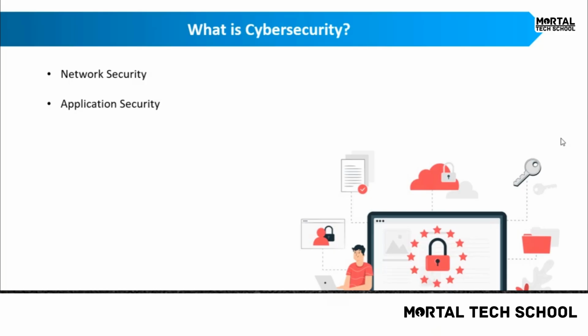If you're using an e-learning app, that app is going to store your data. So in order to protect that data, the application must be protected. Application security basically deals with all the factors that are required for an application to be completely secure and which can help to secure the data of the users.